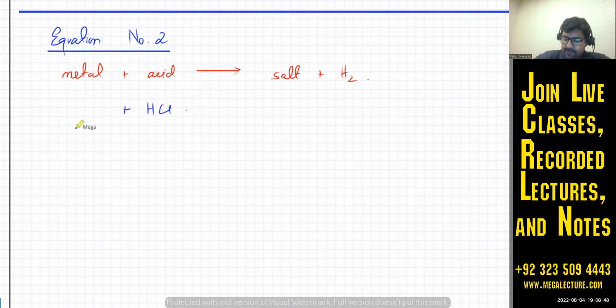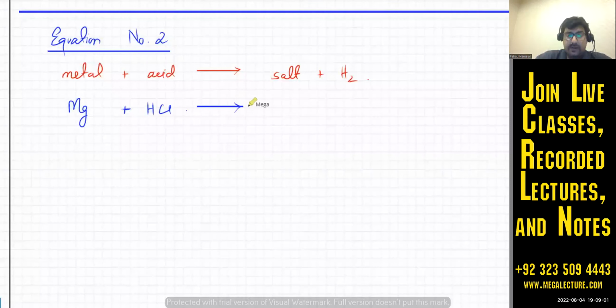Now I've got the metal. Let's say I've got Mg metal, right? So what did I tell you? When a metal reacts with an acid, it produces a salt plus H2 gas. So just write H2 gas because it's going to be produced. That means the H changes into H2 gas.